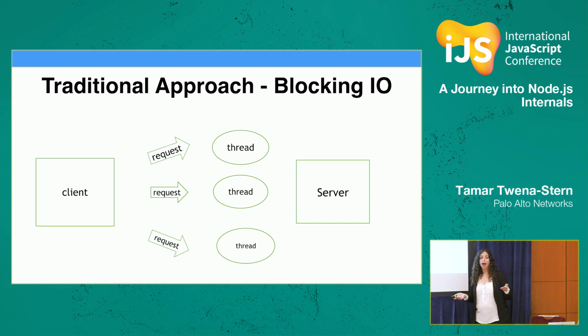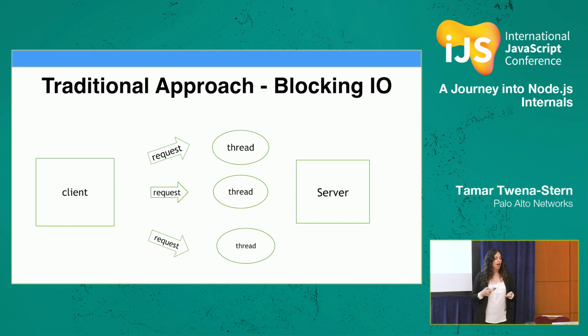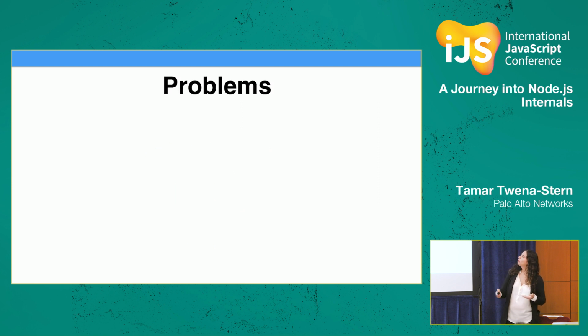Let's say that I have thousands of concurrent requests to my server. I would have thousands of threads handling those requests. And usually also, if I want to execute a database query, I would open a background thread to execute it. I would want to think with you, what are the problems with this approach?